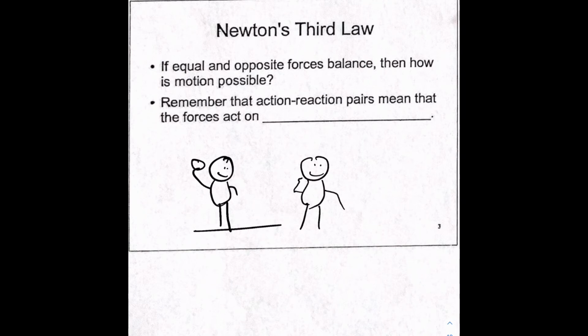When they throw the ball, the person puts a force on the ball. F person on the ball. I'll just write, person comma ball. Or maybe I should write "on", just to keep it as clear as possible.